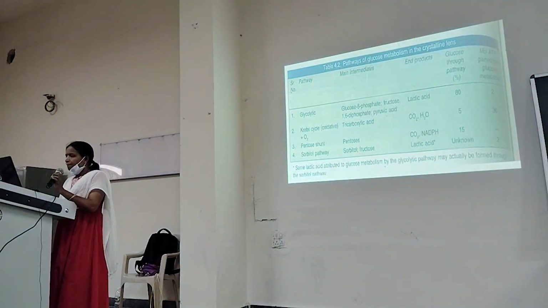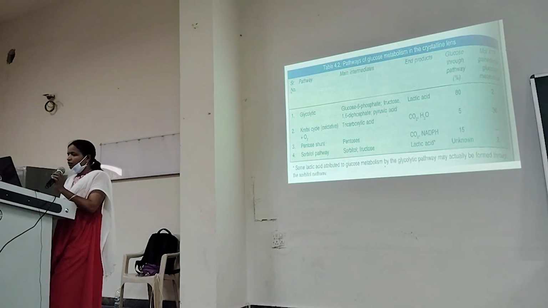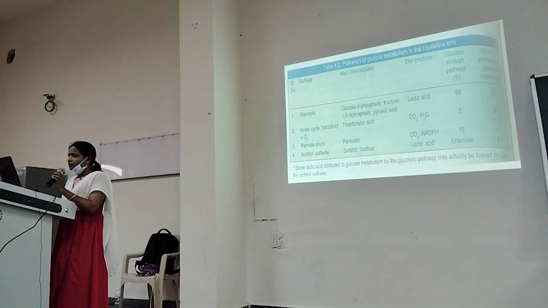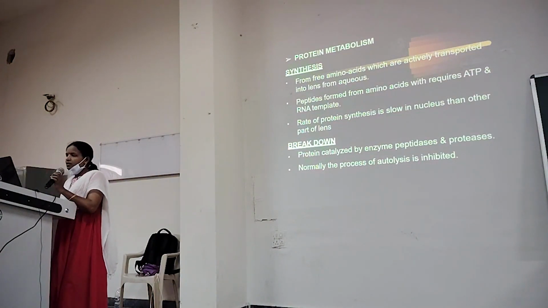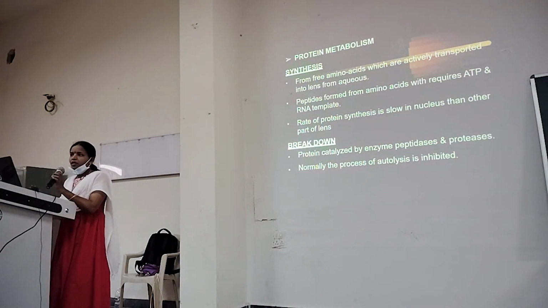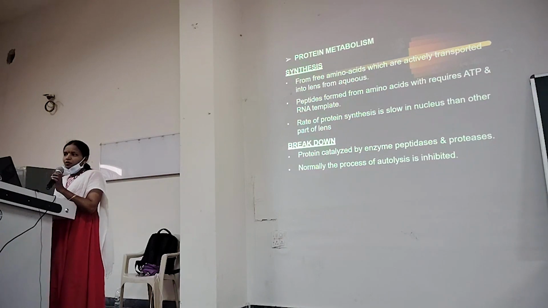As you can see in this table, in the glycolytic pathway 80% of the glucose is utilized, and the Krebs cycle and pentose pathway together contribute 5 to 15%. Coming to protein metabolism, free amino acids are actively transported into the lens through the aqueous, and from these amino acids the proteins required by the lens are produced.